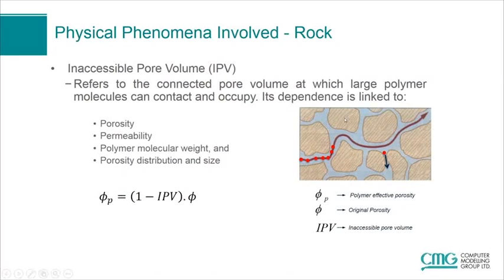So this inaccessible pore volume is linked to porosity, permeability, polymer molecular weight, and pore size distribution. The inaccessible pore volume can be used as a history matching parameter to match breakthrough times in your field studies. Typically, we do not get this from core matching or core floods.